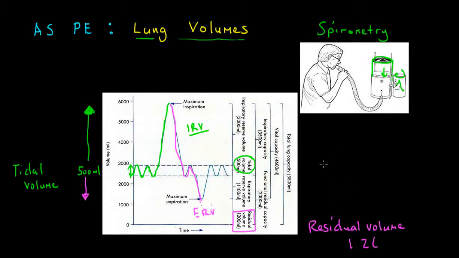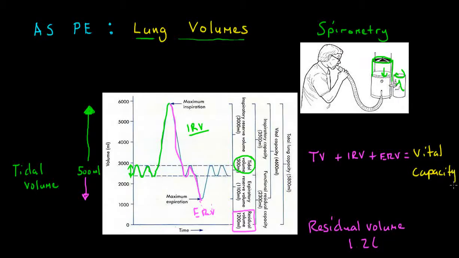A couple of things I want to say: tidal volume plus inspiratory reserve volume plus expiratory reserve volume equals what we call our utilizable capacity, and we have a name for this. It's called your vital capacity. This is the amount of usable space in the lung.